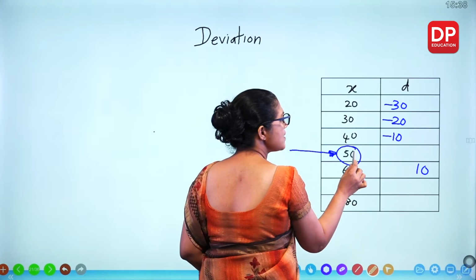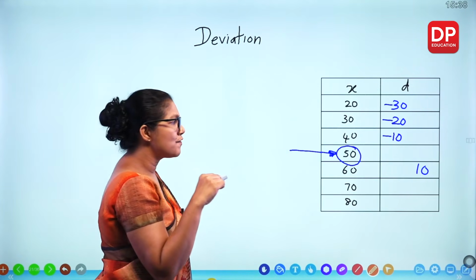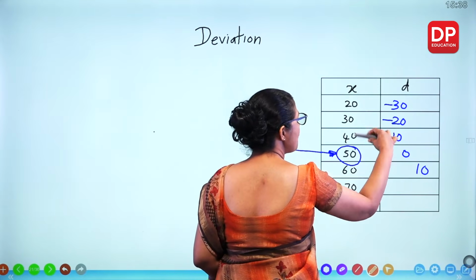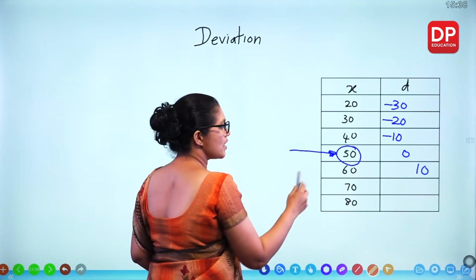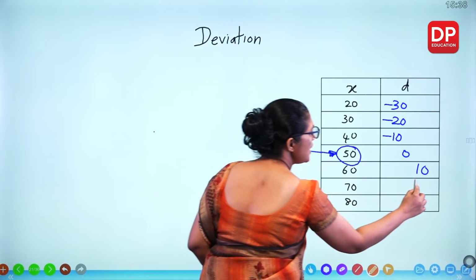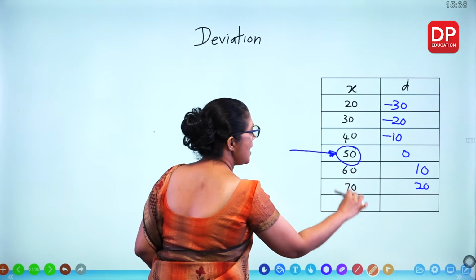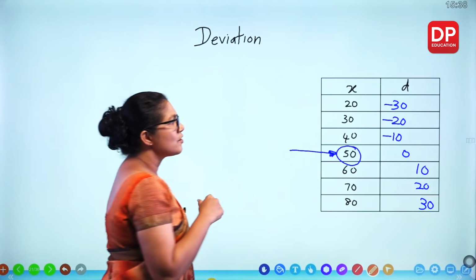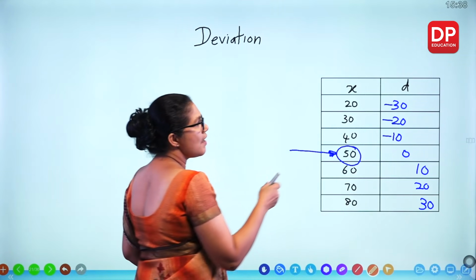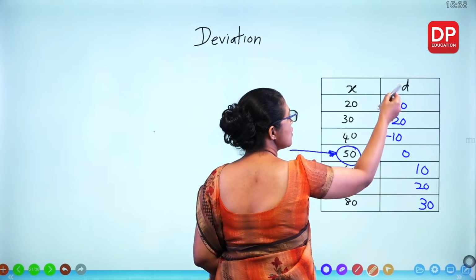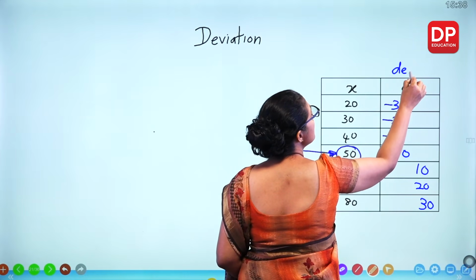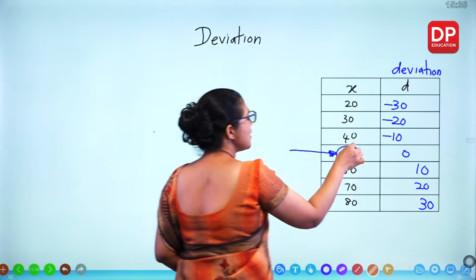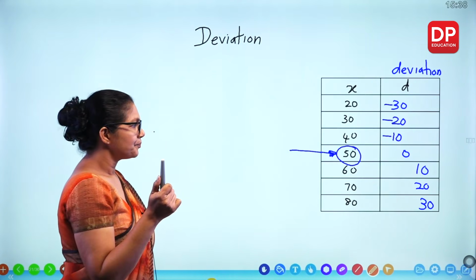But here, 50 minus 50, you get 0. Now after this you get positive deviation. 70 minus 50, you get 20. 80 minus 50, you get 30. So we can find the total deviation. D means deviation. To find the deviation, you have to assume a value.